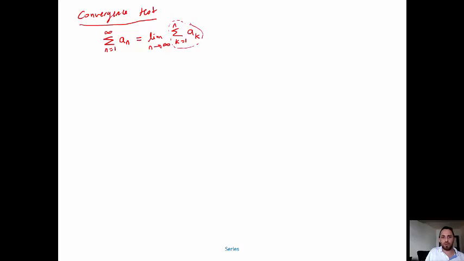So when n equals 1, so from k equals 1 till 1, this is s1. Then n equals 2, this will be a1 plus a2. Okay, n equals 3. So you take partial sums s1, s2, and you create a sequence. And from this sequence of partial sums, you need to create a closed form formula for the sequence.